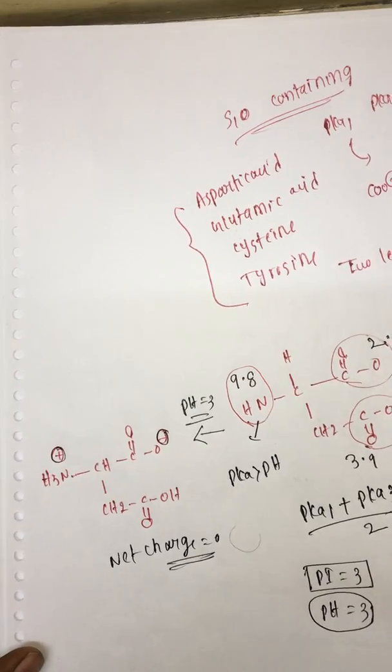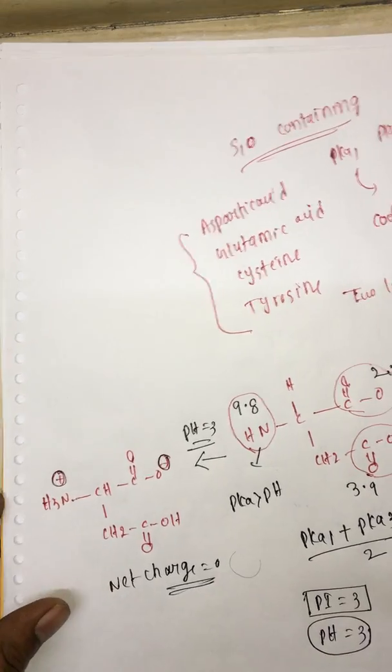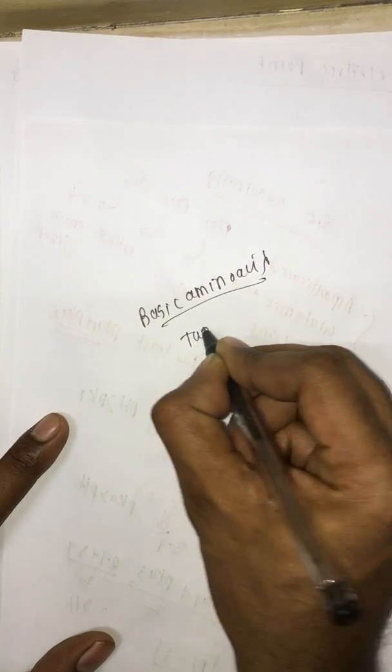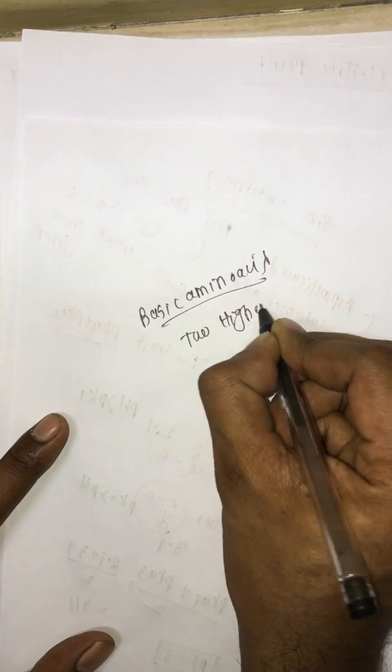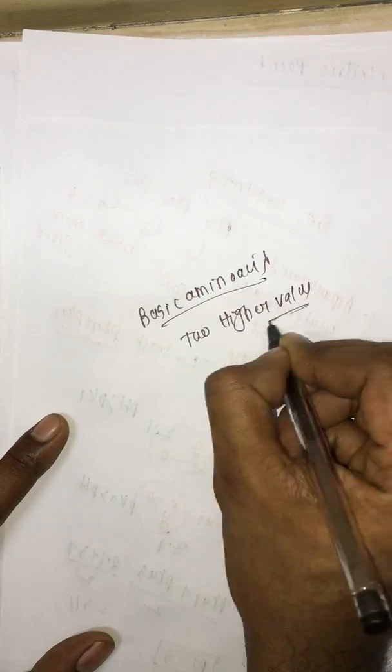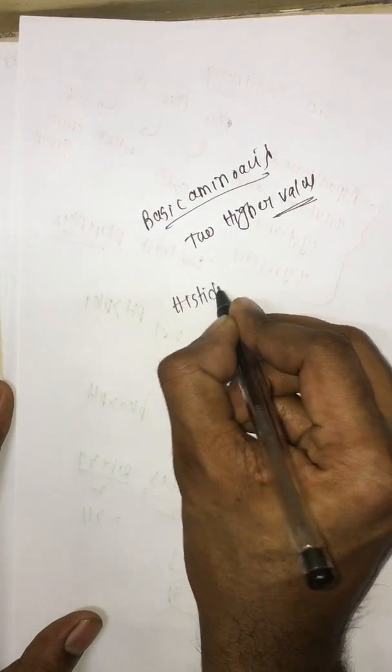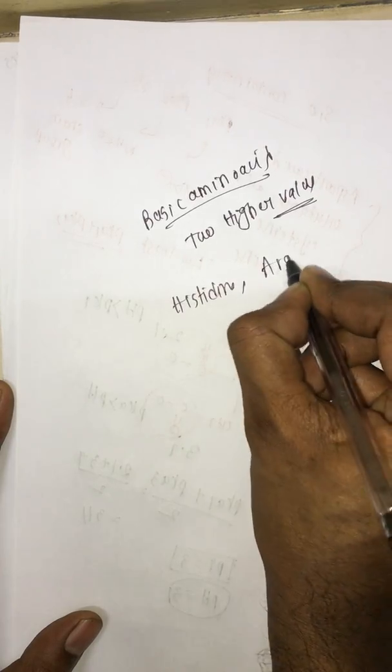Next, for basic amino acids we will take the two higher values, like histidine, arginine, and lysine.